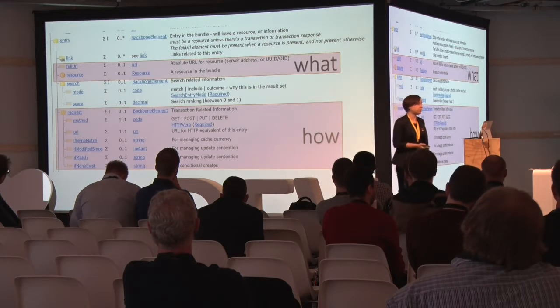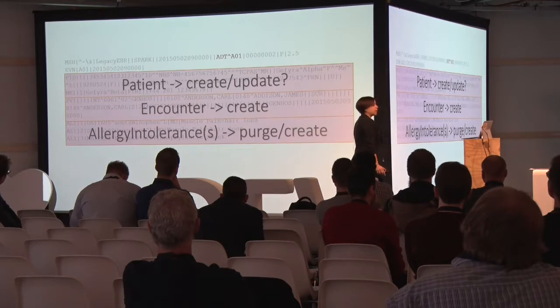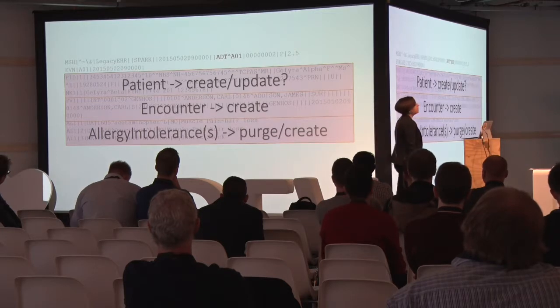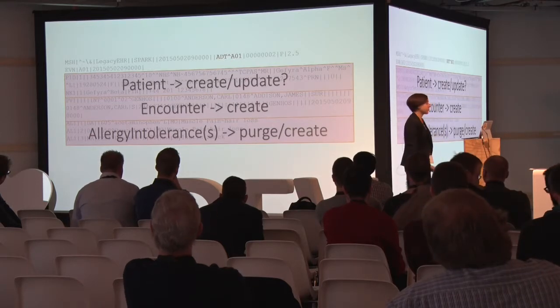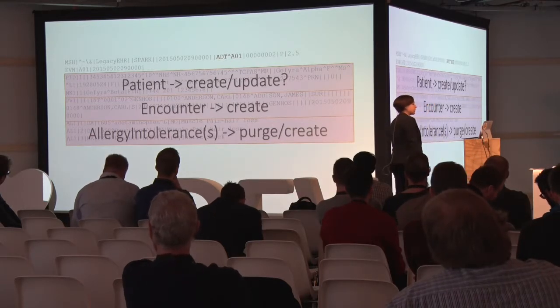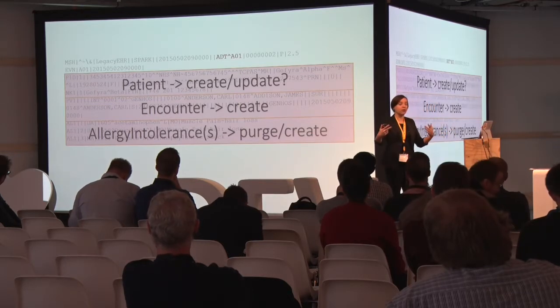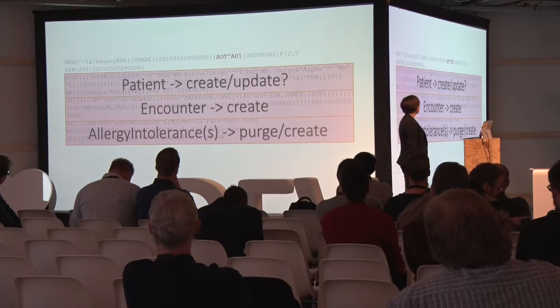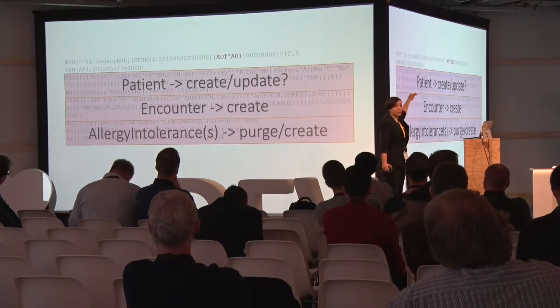So going back to our ADT A01 event, let's look at it again and decide what we want the server to do with these individual resources. Since ADT A01 means we have a new patient arriving, a new encounter that's being started, we do not know whether that patient has been here before.